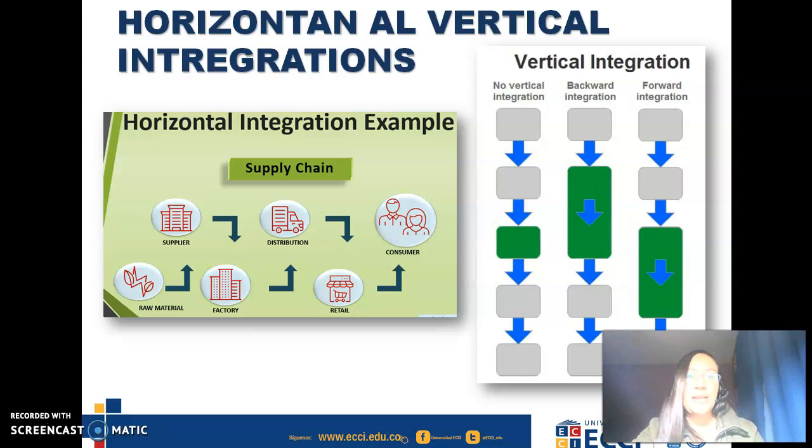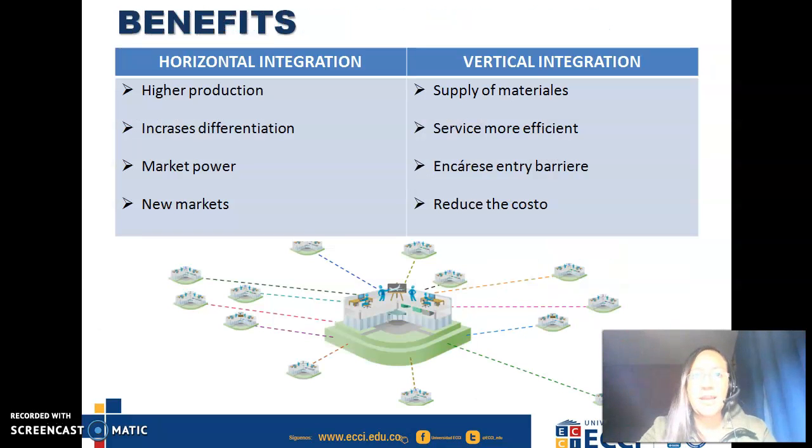Vertical integration involves the acquisition of business operations within the same production vertical. The benefits of vertical integration are: guarantee the supply of materials, increase entry barriers, and reduce the cost. And the benefits of horizontal integration are higher production, increased market power.